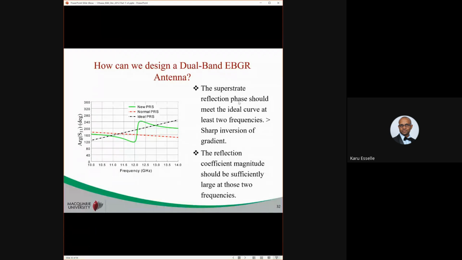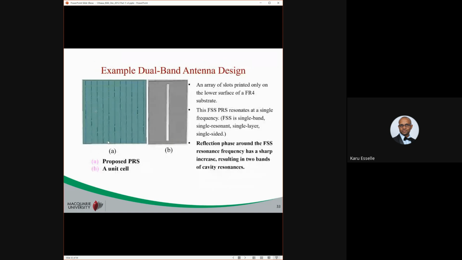The superstrate reflection phase should meet the ideal curve at least at two frequencies. For that, you need sharp inversion of the gradient, and also the reflection coefficient magnitude should be sufficiently large at this frequency and this frequency. So that's what happened in this design.